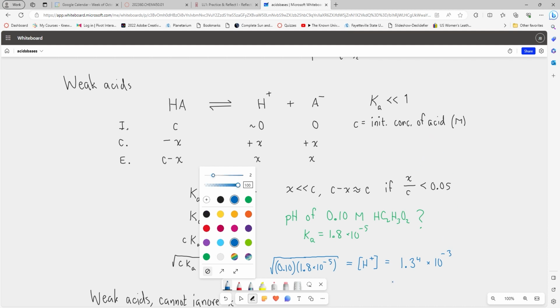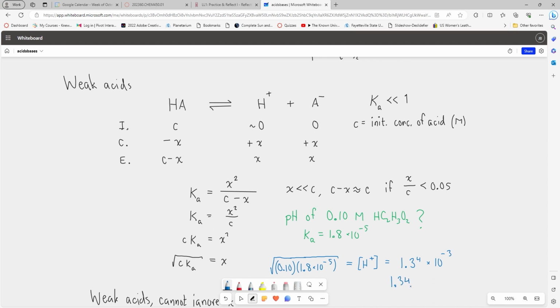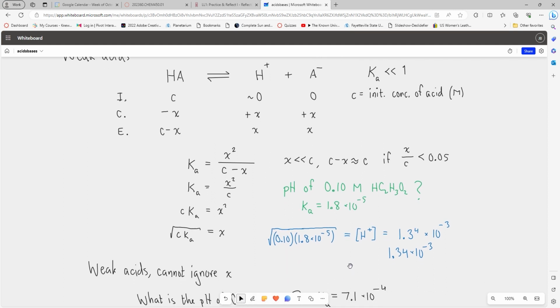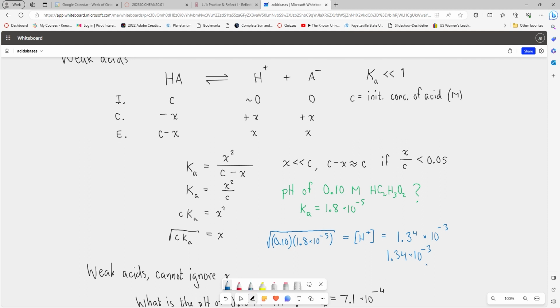So we'll check. 1.34 times 10 to the minus third on the top of the fraction, our value of X. And we'll divide this by the original concentration, 0.1. And it turns out to be 0.013, two significant figures, and that is indeed less than 0.05. So we are finished with this problem. The assumption to ignore x in the denominator was indeed valid.